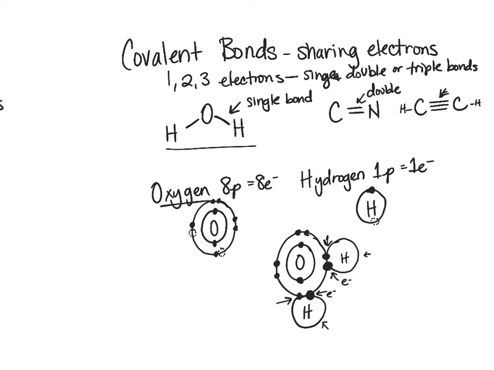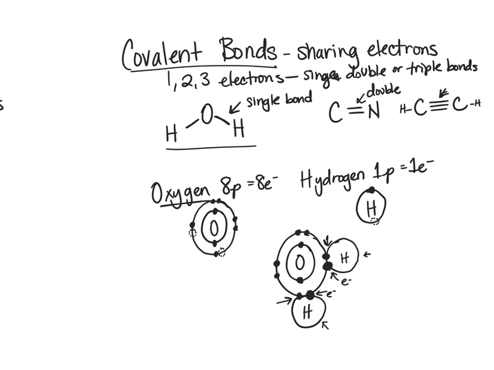And then what this does is it kind of gives both of them a full outer shell. The electrons spend enough time around the oxygen that it is happy and no longer looking to interact. And they spend enough time around the hydrogens so that they are no longer interacting. And they're forming this bond. Remember, this is our covalent bond. So we have our oxygen and our 2 hydrogens.